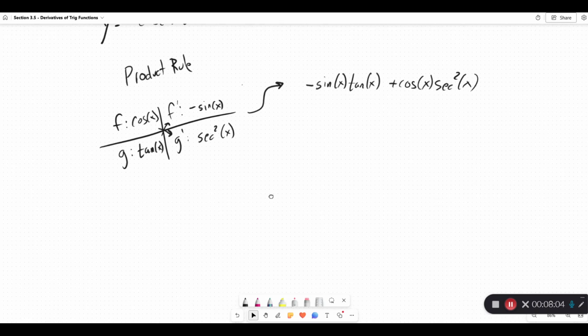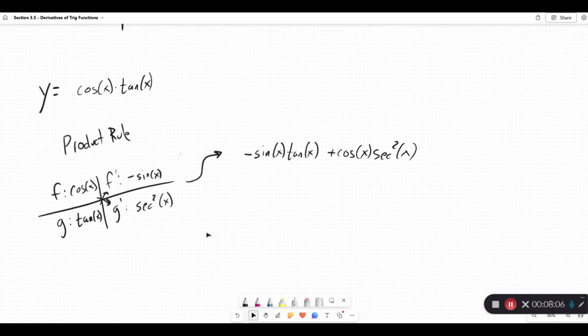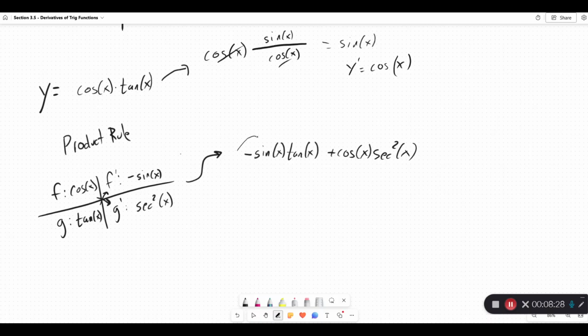Now, here's why this is a little bit tricky. It is because if you think about cosine x times sine of x over cosine x, that should cancel. In reality, this is sine x, whose derivative should just be cosine x. So the question is, how do we get cosine x from this?